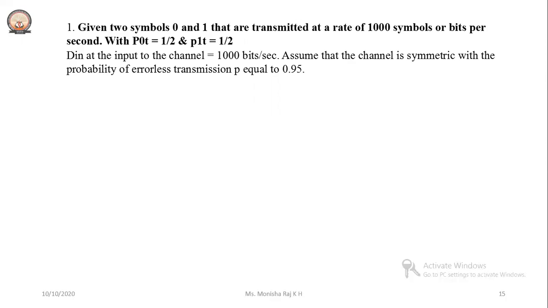But there arises a question. What is the rate of transmission of the information? It is certainly less than 1000 bits per second, since on the average 50 out of every 1000 bits are incorrect. Our first impulse might be to say that the rate is 950 bits per second by subtracting the number of errors from the data rate at the channel input.